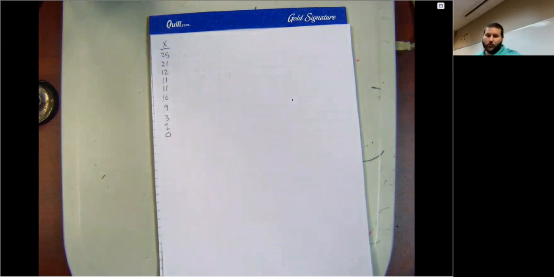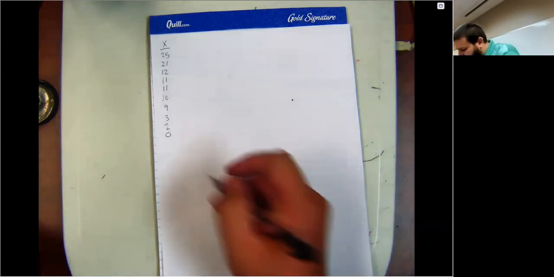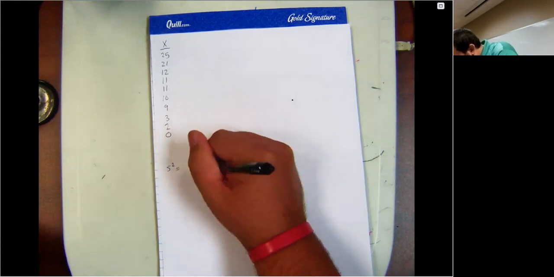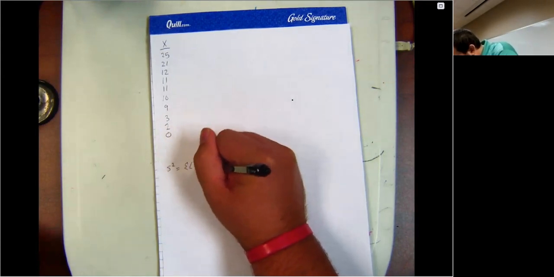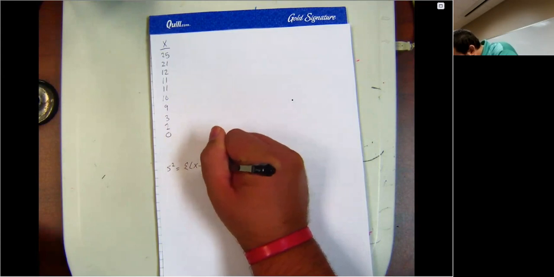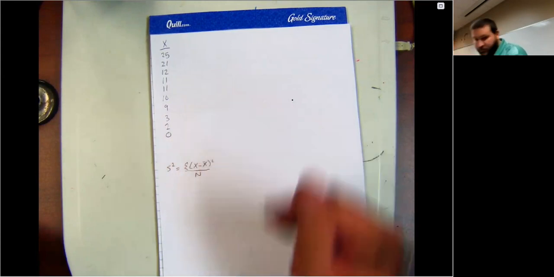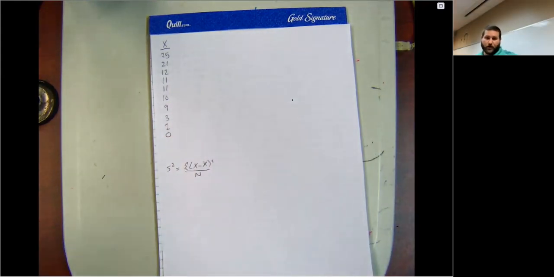It will affect the overall size of the data, even though a lot of the calculations with 0 will end up being 0. Okay, defining formula for a variance. Well, the variance is s squared, and the defining formula is the sum of x minus x bar squared over n. Without the square root, that's the formula we're trying to get to.